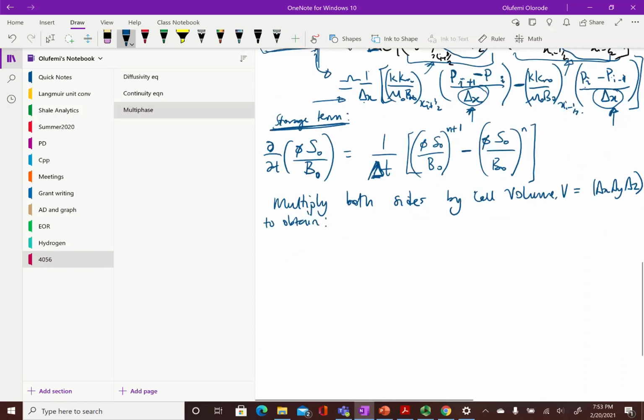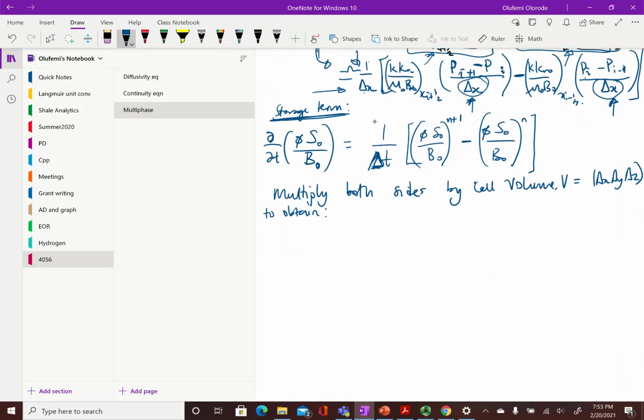then we equate the discretized form of the left, equate this to this.